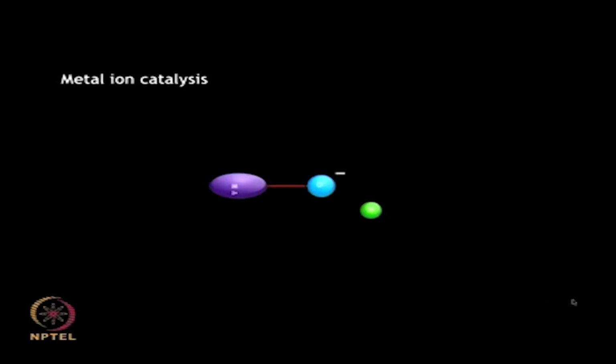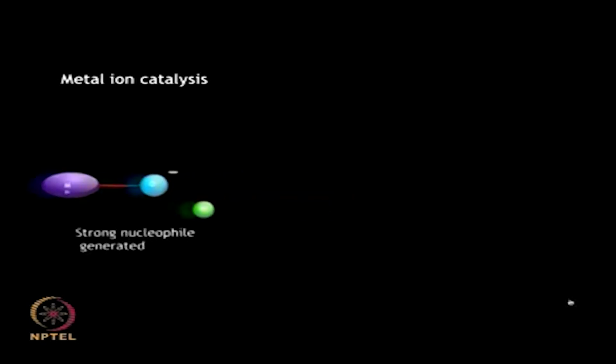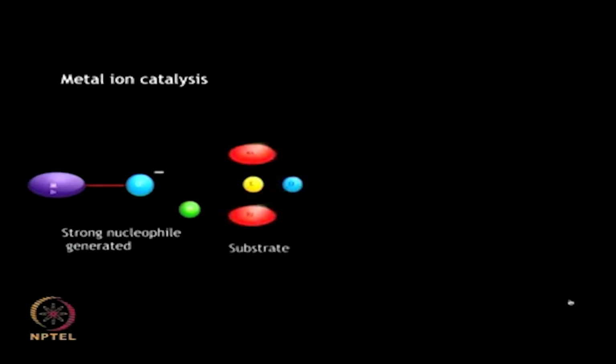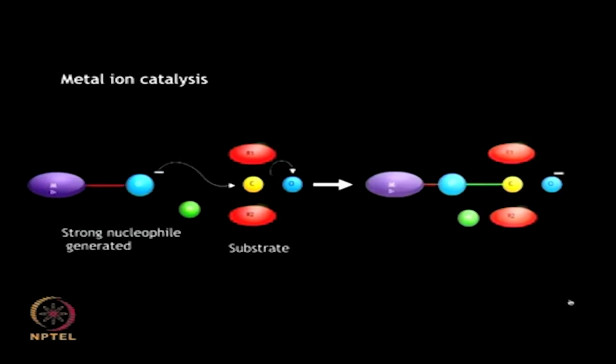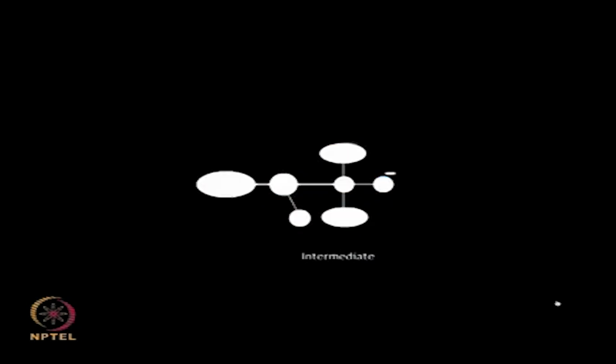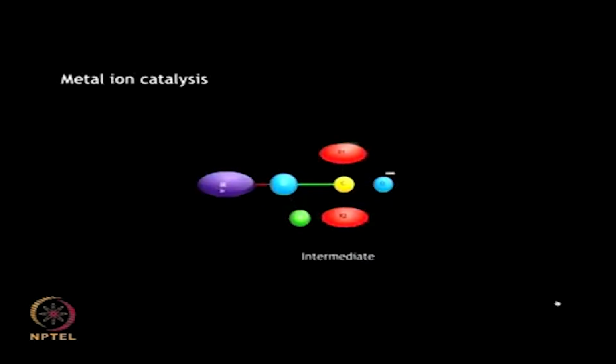The nucleophilic hydroxide ion attacks the unreactive carbonyl group to form a tetrahedral intermediate, in which the charges are stabilized by the metal ion. These favorable interactions help in orienting the substrate and enzyme in a suitable position for the transition state and subsequently product formation.